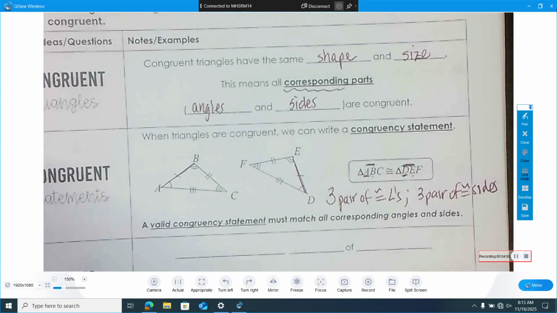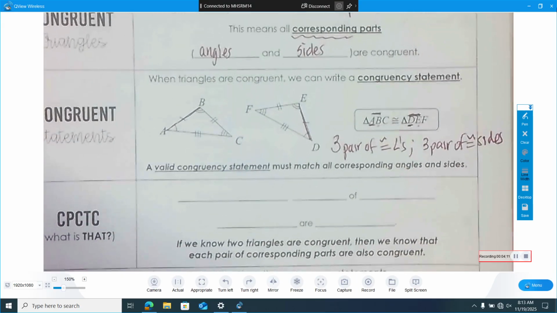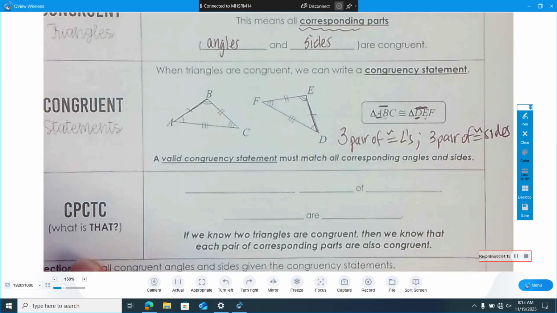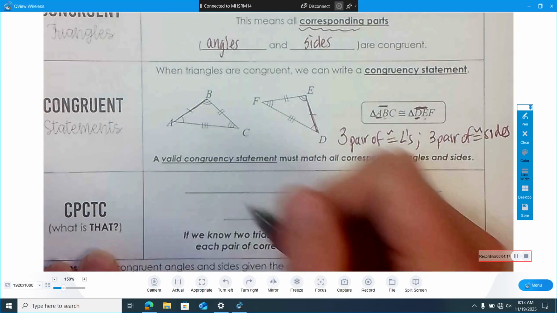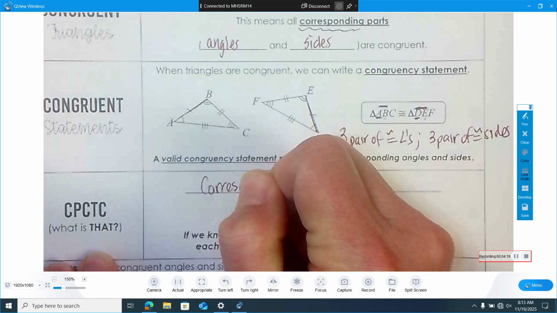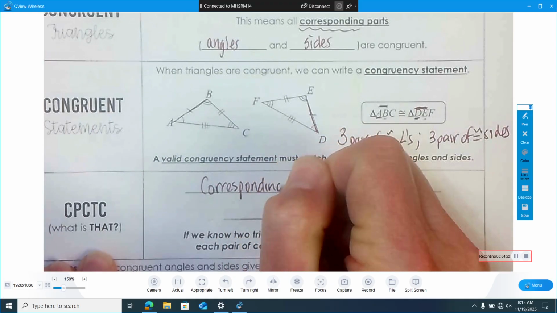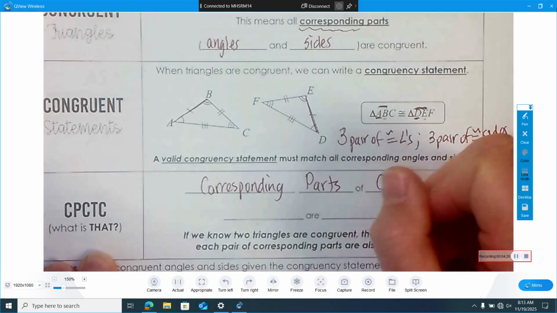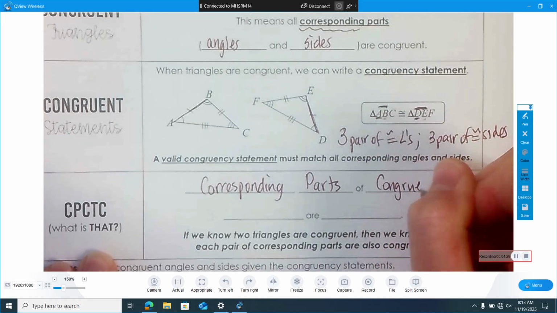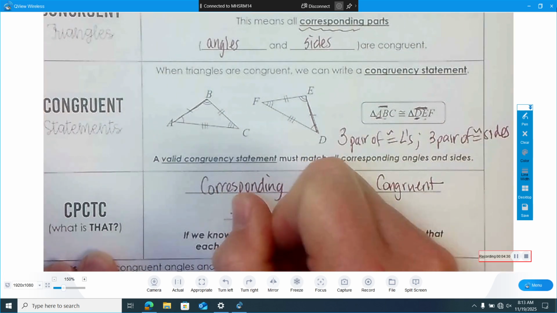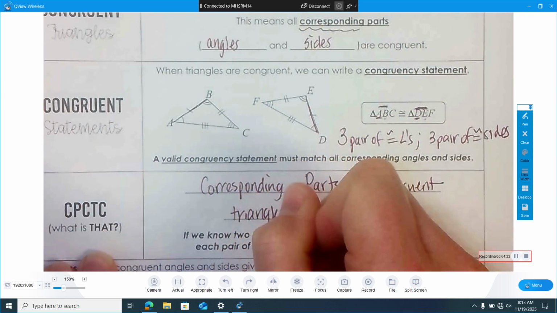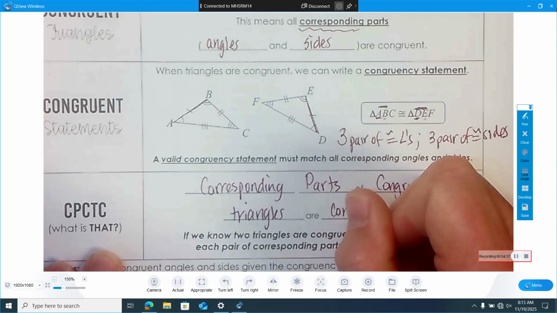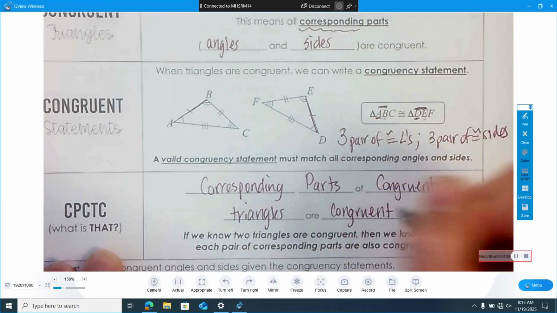Now, it turns out we have this other thing called CPCTC, and we're going to use this again towards the end of the unit. CPCTC stands for corresponding parts of congruent triangles are congruent, okay?